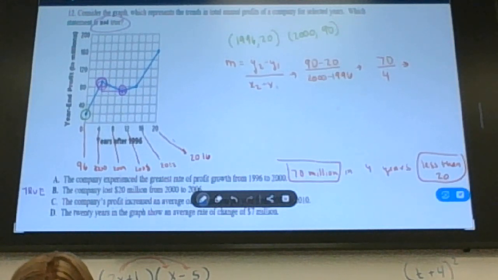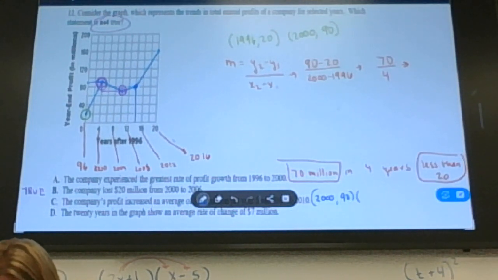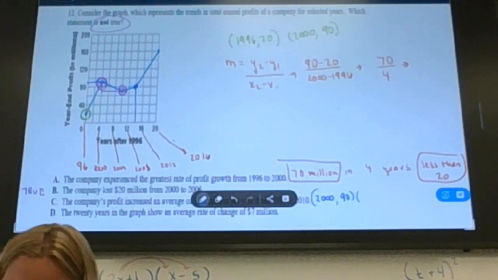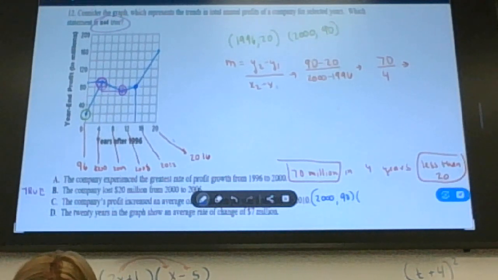So in 2000, we were at 90 million. And in 2010, we're at 80. It actually decreased, so this one's false.